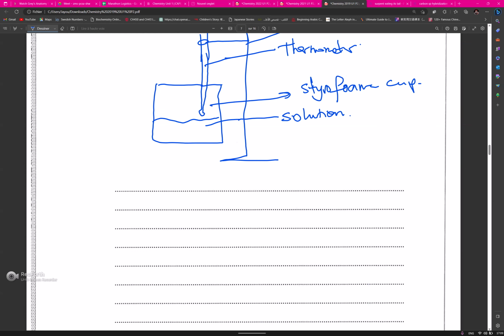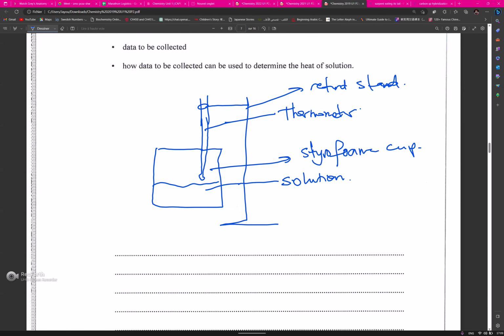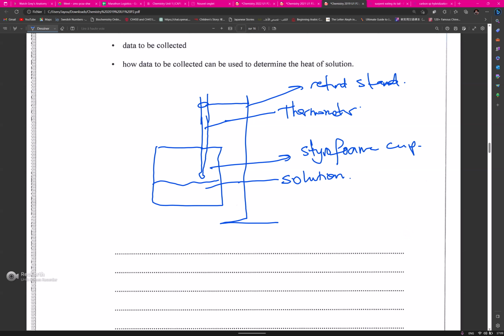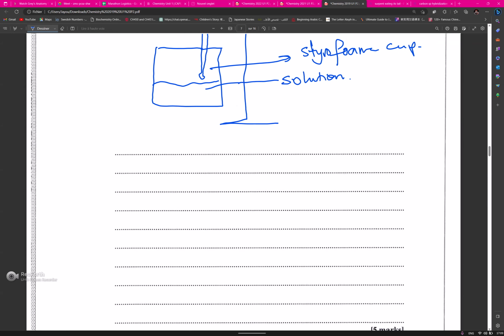Alright, and then the data to collect is to determine the heat of solution. How do you determine the heat of solution? What is the heat of solution?